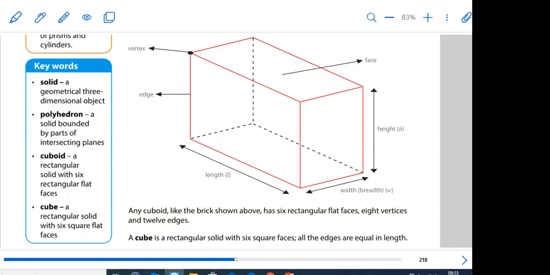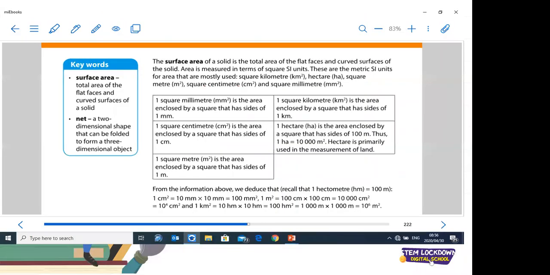And of course, you also have the length, the breadth, as well as the height. And a cube as well is a rectangular solid with 6 square faces. And all the edges in the cube are equal in length. So just remember that all the edges must be equal in length.